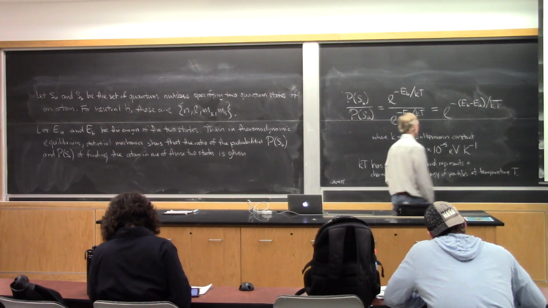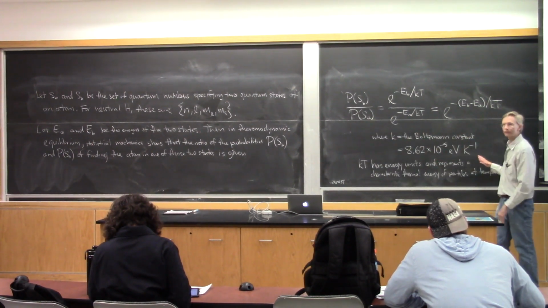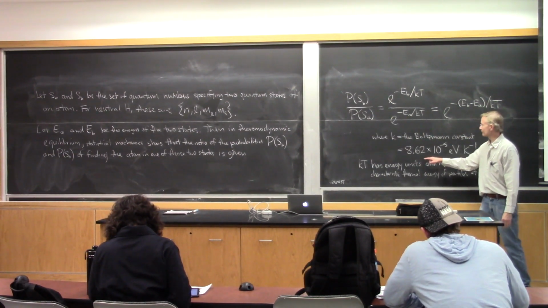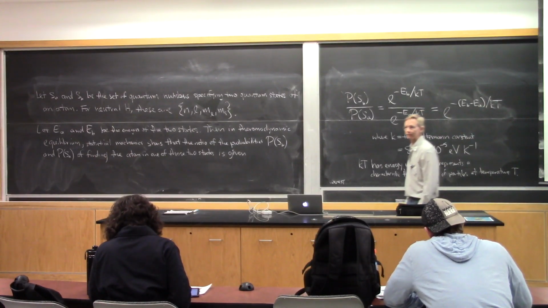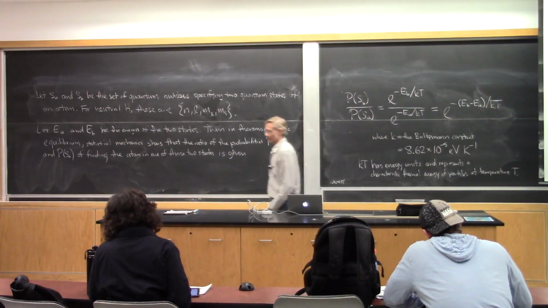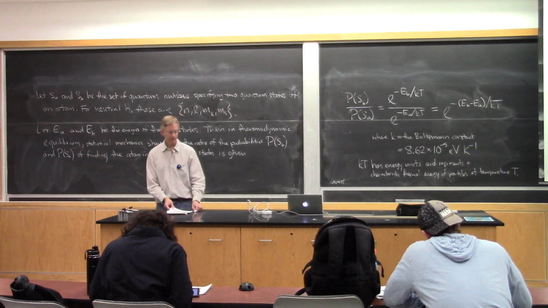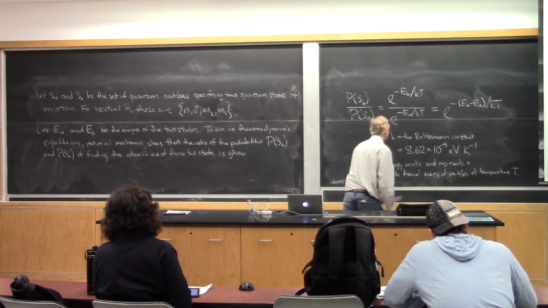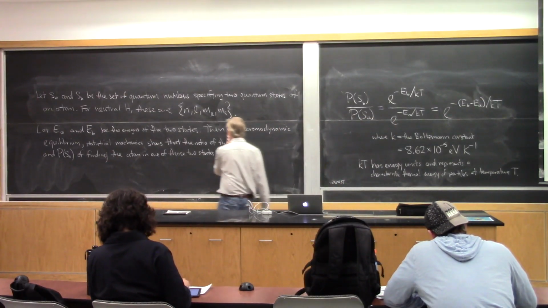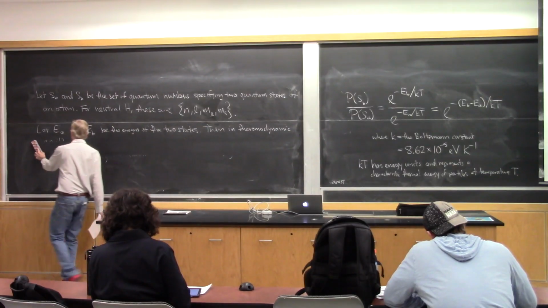So at 100,000 Kelvin, the typical thermal energy is about 8.62 electron volts, because 100,000 times 10 to the minus 5 would cancel that out. So this gives us a measure of about how much thermal energy particles typically have.